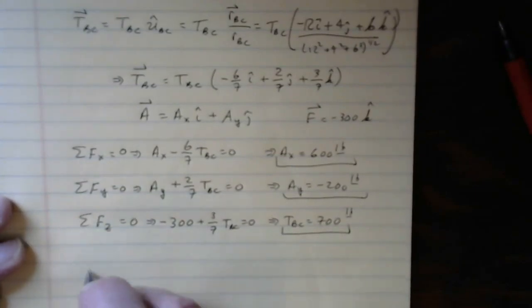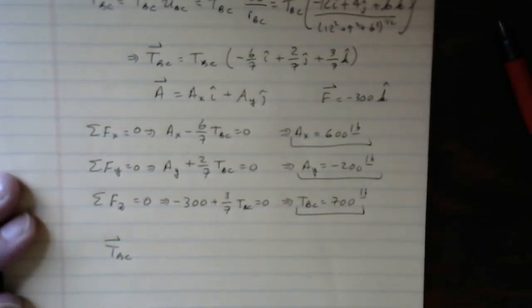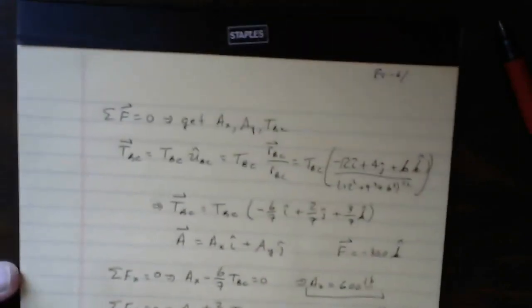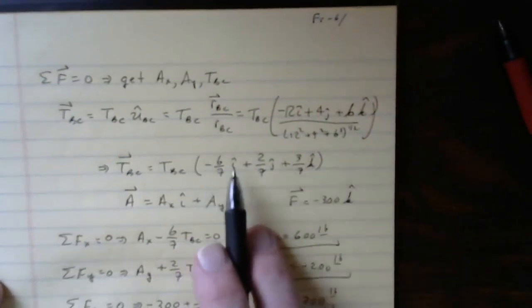Now as long as I'm here, I know I need TBC as a Cartesian vector for the moment equations. So again, that is just TBC times UBC. UBC is here in parentheses.